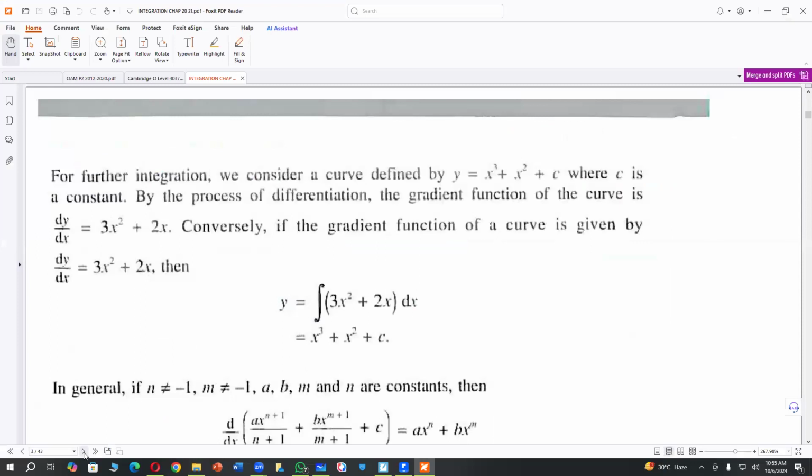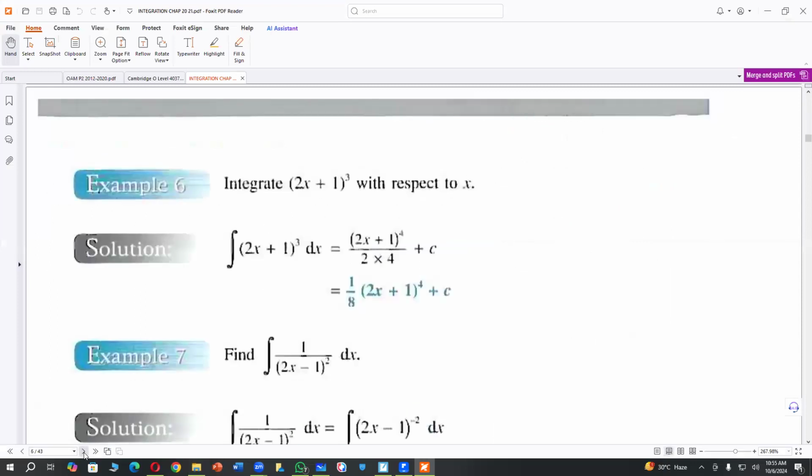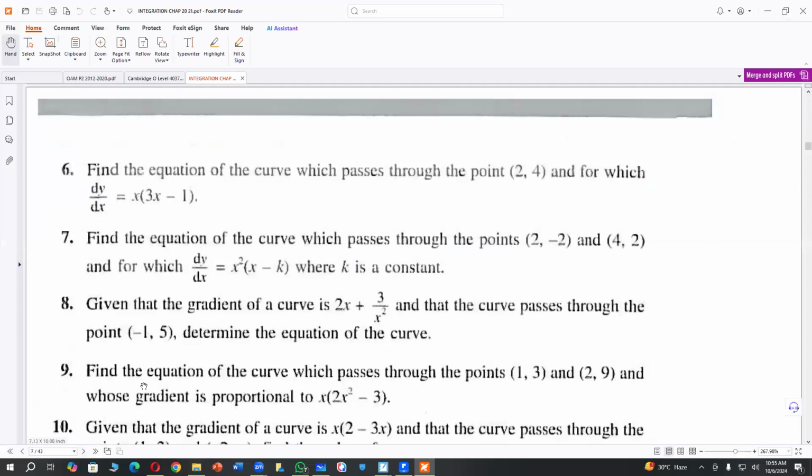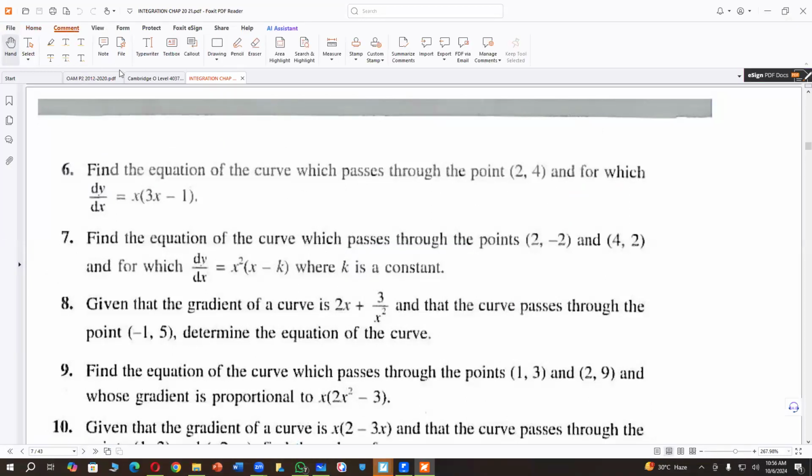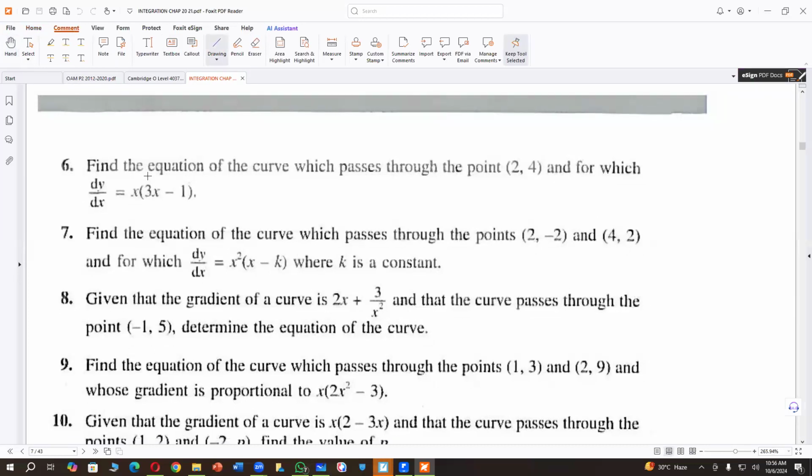Exercise 20.1 is going on, and we are now entering into a word problem. Find the equation of the curve which passes through the point. Now, this is an important sentence to remember. Equation of the curve.